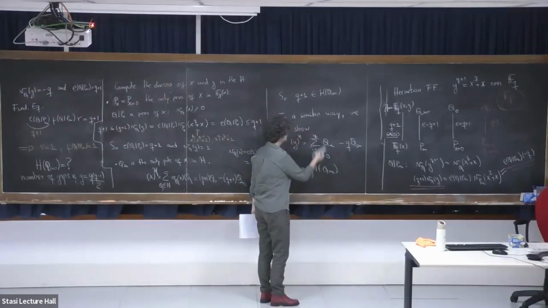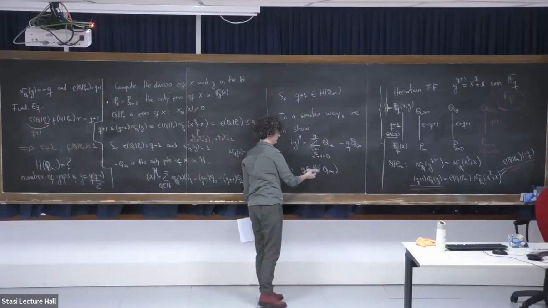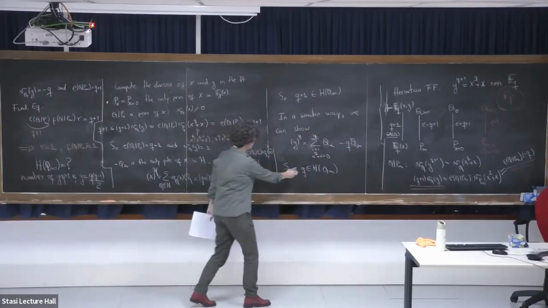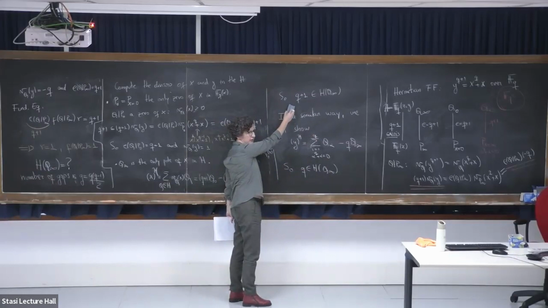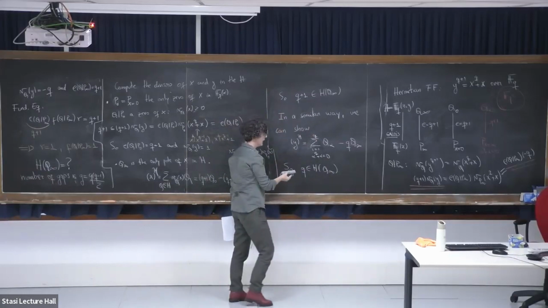But this guy is a semigroup. So if Q is there and Q plus 1 is there, the semigroup generated by Q and Q plus 1 has to be there.